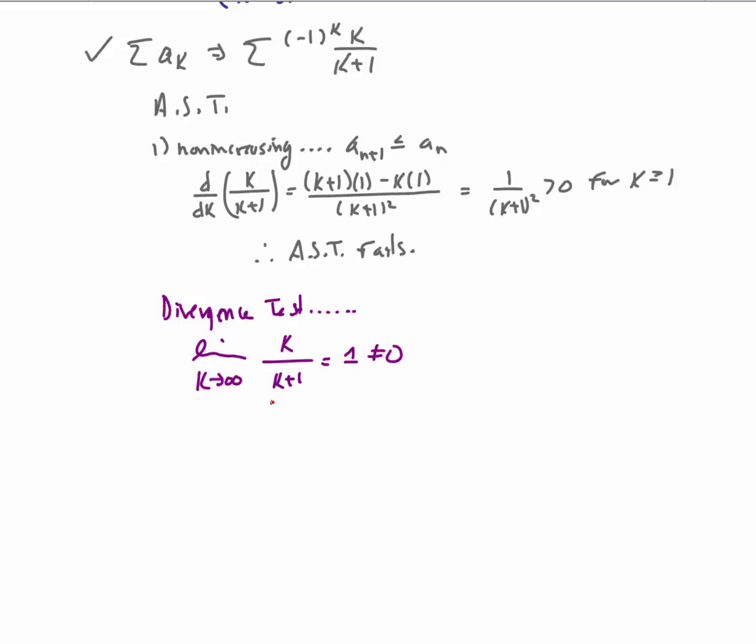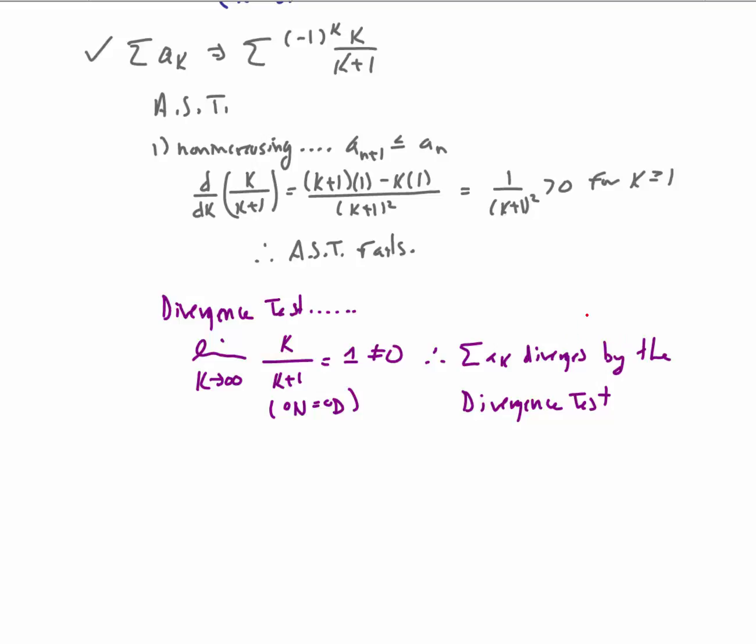And again, the degree in the numerator equals the degree in the denominator is my reasoning there. So what I can say here is therefore the series a sub k diverges by the divergence test. Another way to look at this is that the series terms don't tend to 0, so the series diverges in this particular section.